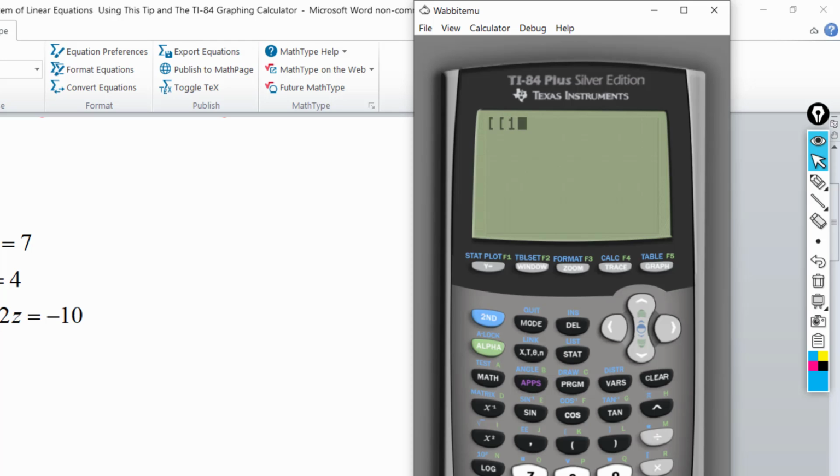So that's 1, and then a comma, and then a minus 2, and a comma, and then 3. And then I close the brackets. So second, close the brackets. Oops, wrong one. So close the bracket. Okay, so those are the components for that first row dealing with the coefficients.